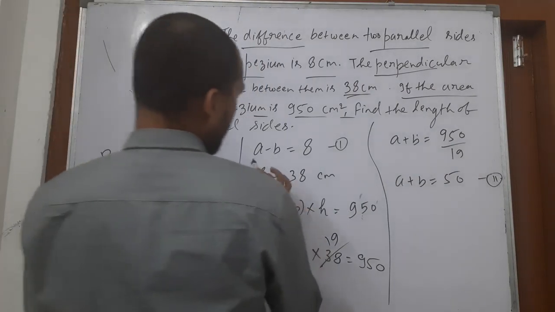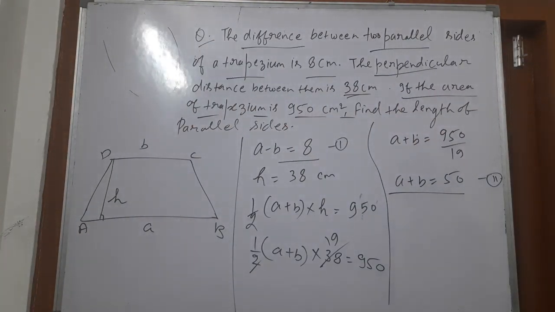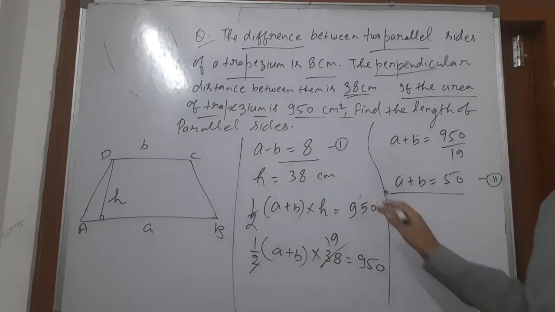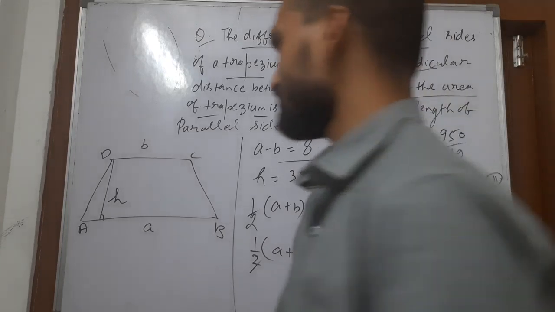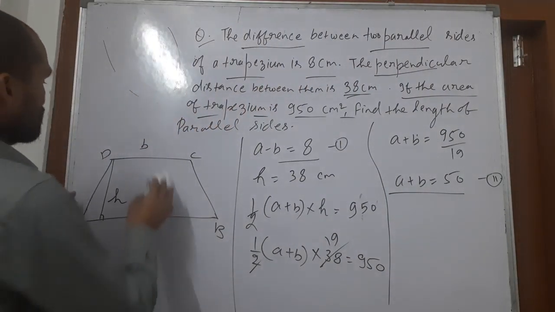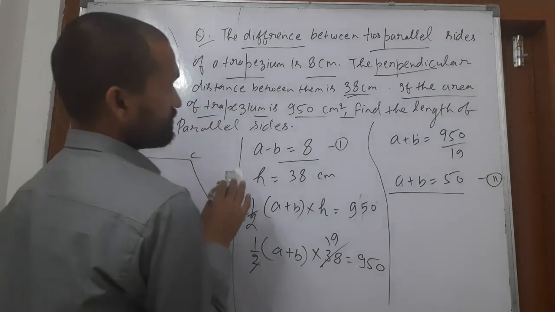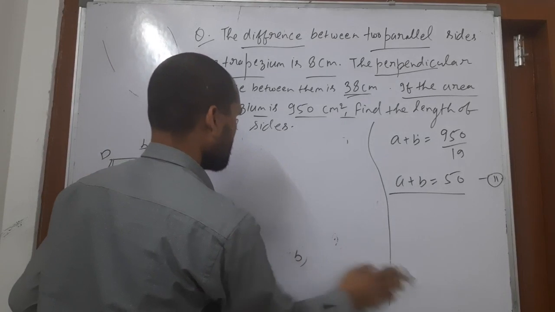Here equation number 1 is a minus b equal to 8 and equation number 2 is a plus b equal to 50. As equations 1 and 2 are linear equations in a and b, we should solve these equations.